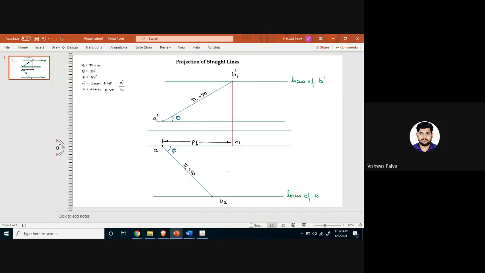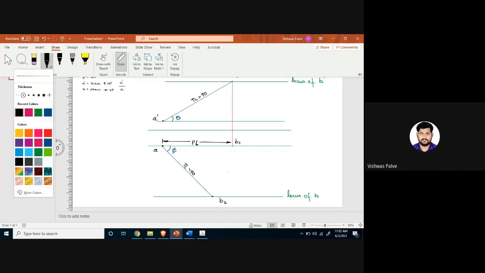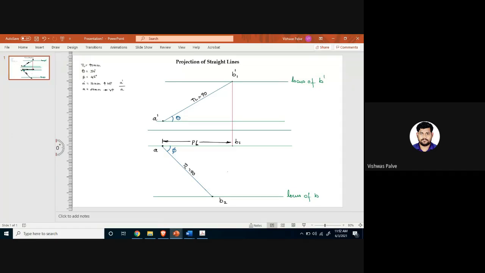And if I rotate this, you have to use the compass. The compass is not available with me at present. What you have to do is, considering point A as the center of rotation, take a radius equal to A to B1 in the compass, and rotate.